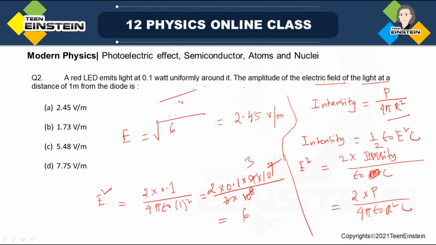So P by 4 pi R square, and intensity is related to the electric field as half epsilon naught E square into C. From here we can find out E square, and thus the magnitude or amplitude of the electric field. So it turns out to be 2.45 volt per meter.